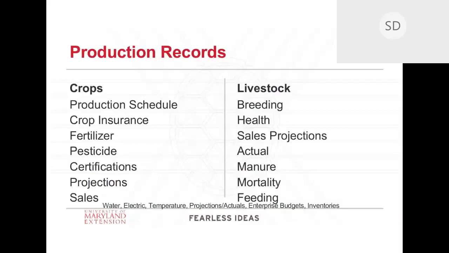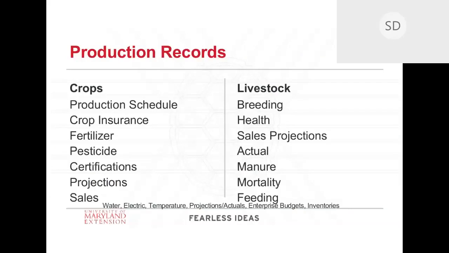So again, this is just a summary of some of the ways that you might want to keep production records. As you're thinking about production schedule, crop insurance, yields are really important for crop insurance and having that information. Any certifications, so if you're certified organic, you need to have reporting. If you fall under the Food Safety Modernization Act, you're keeping records that are really important.